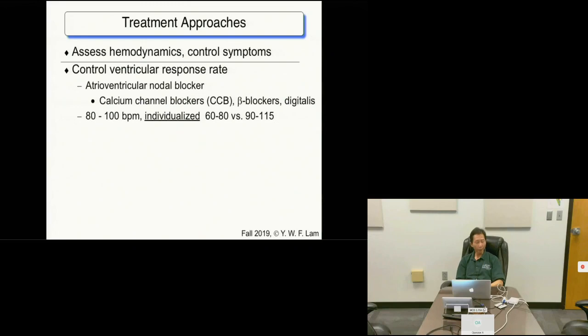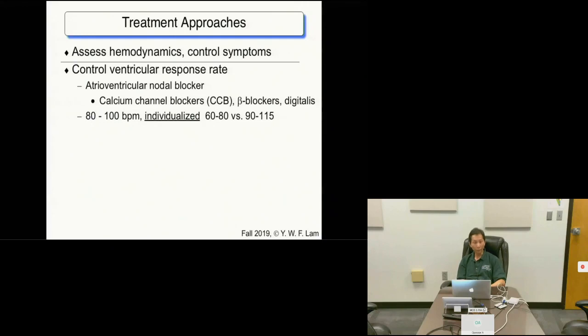The overall treatment goal is somewhere between 80 to 100 beats per minute. But as a pharmacist, you have a major role in individualizing the drug therapy, because the goal of controlling the ventricular rate has to be individualized to that particular patient.